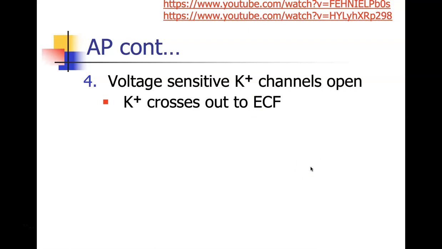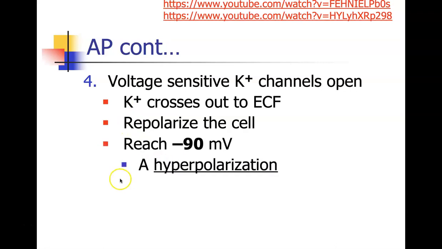So when you open potassium channels, potassium leaves the cell. This is repolarization, because now you're losing positive ion. Your cell is becoming more negative, going back to the resting membrane potential. In fact, it repolarizes so much that it reaches negative 90 millivolts and you get a hyperpolarization.